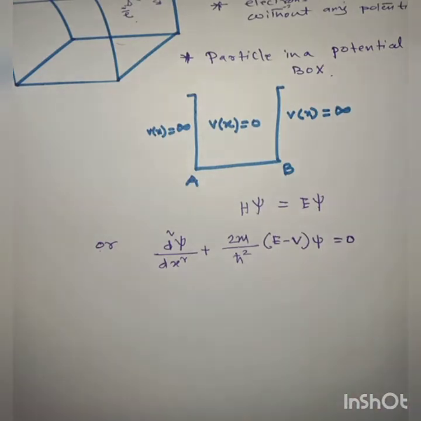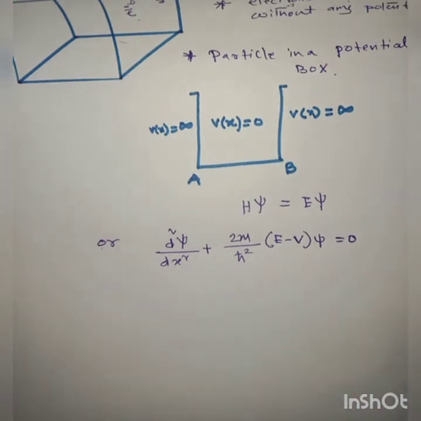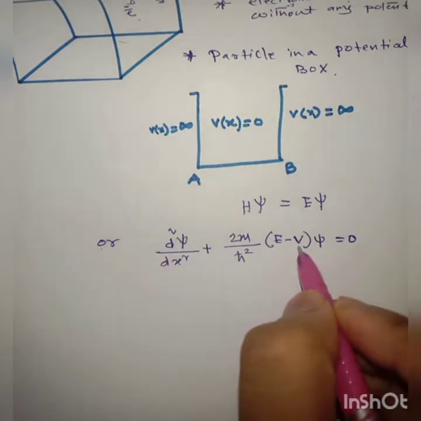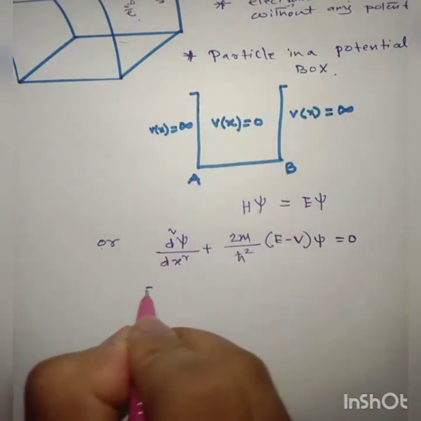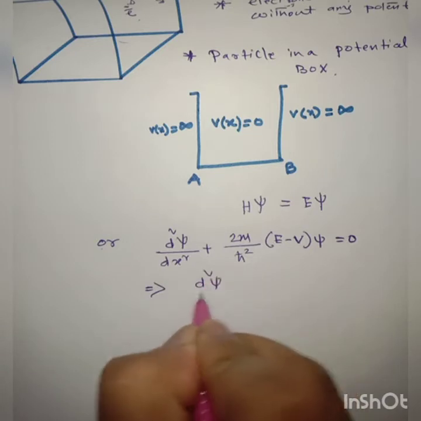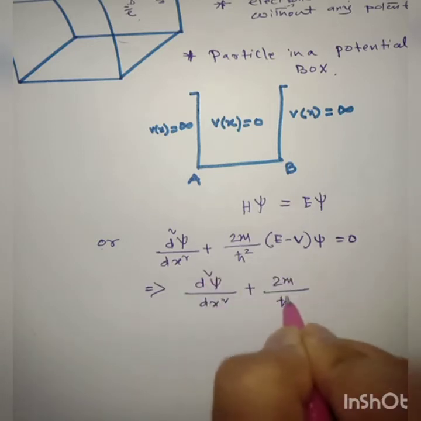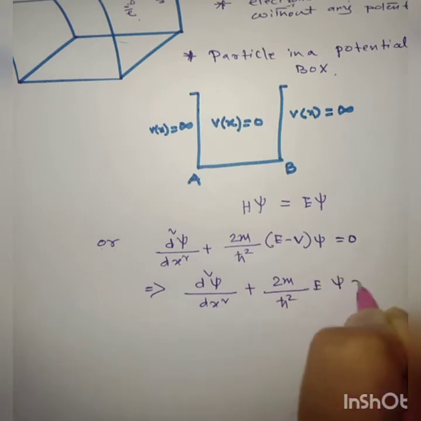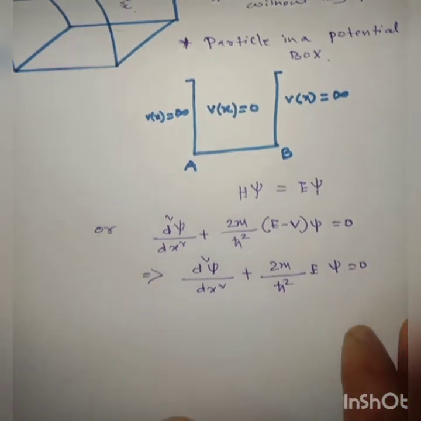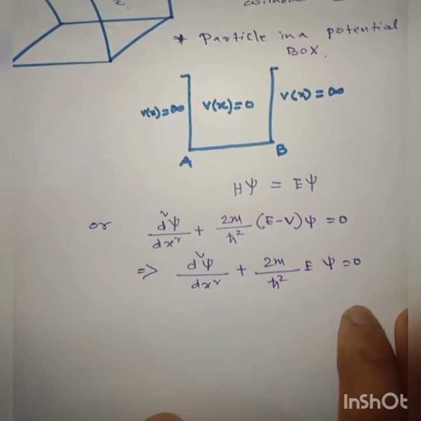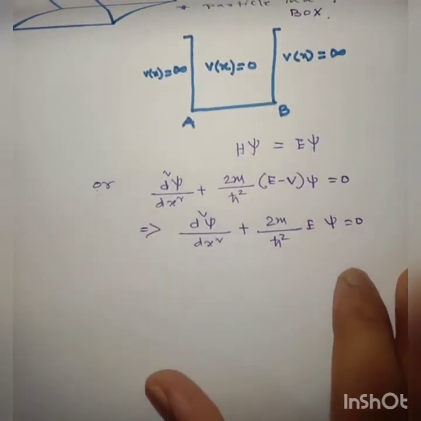This is the time-independent Schrodinger equation, and in our case V equals 0 within the box. So we can write the equation as d²ψ/dx² + (2mE/ħ²)ψ = 0. Here psi is the wave function of the particle.